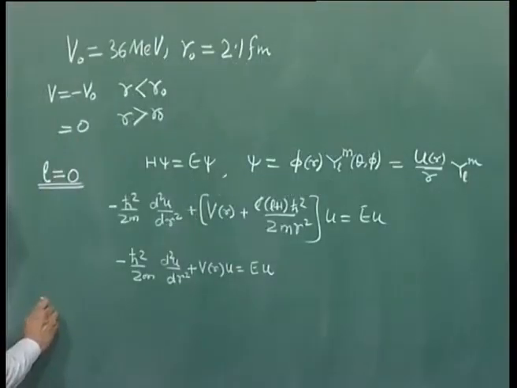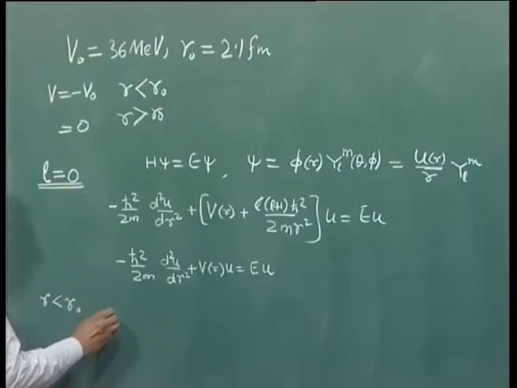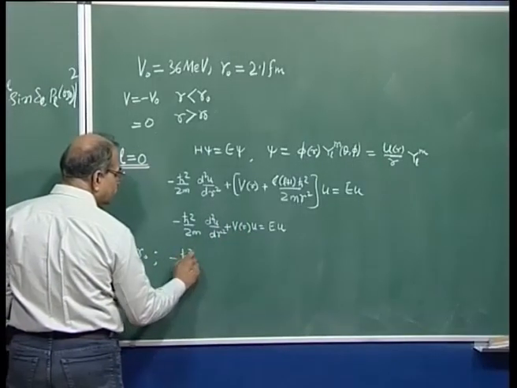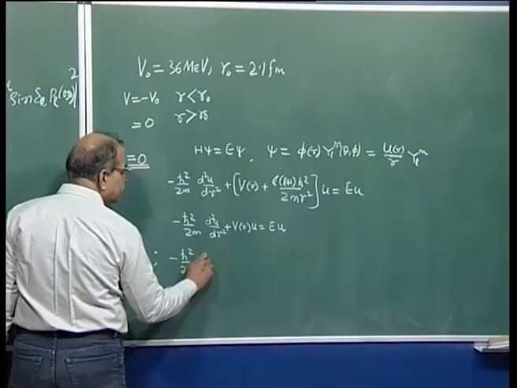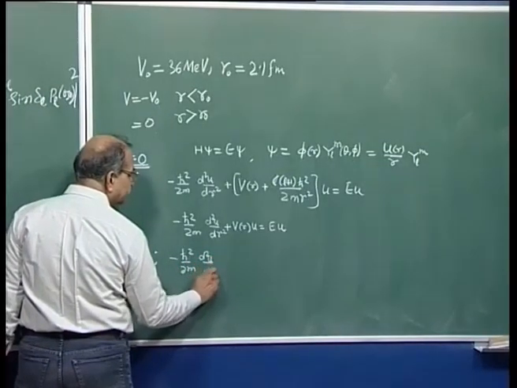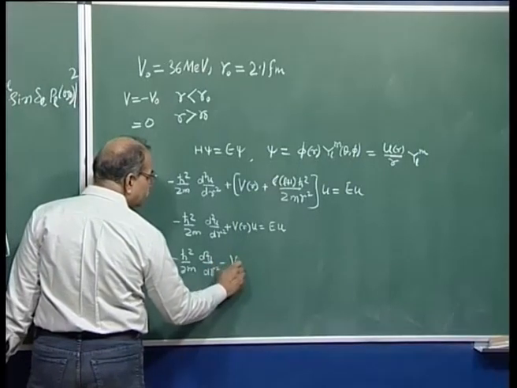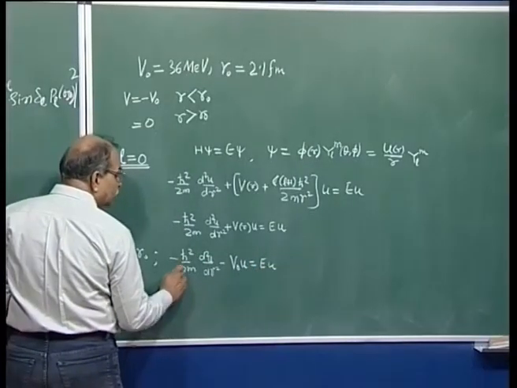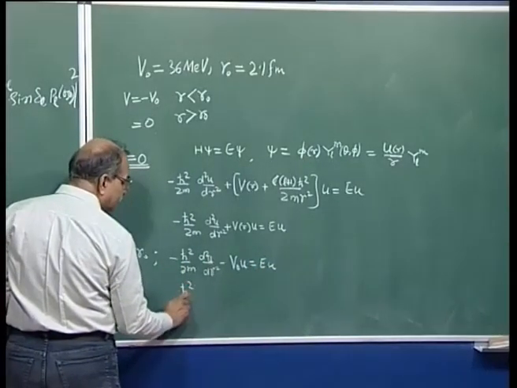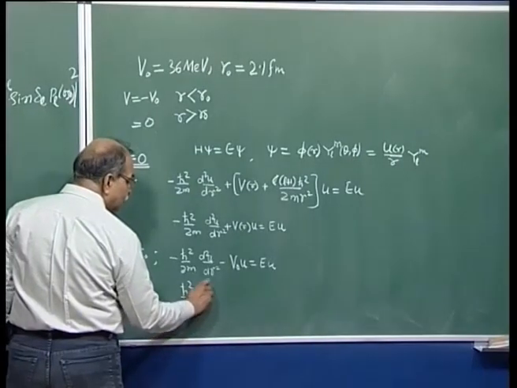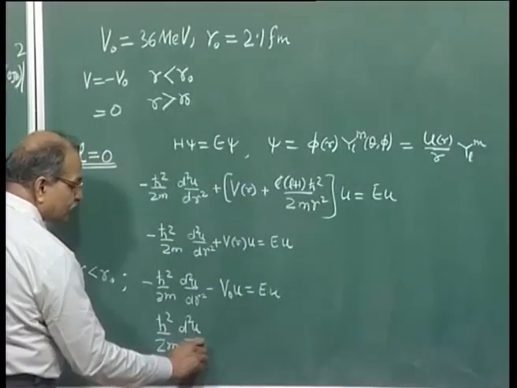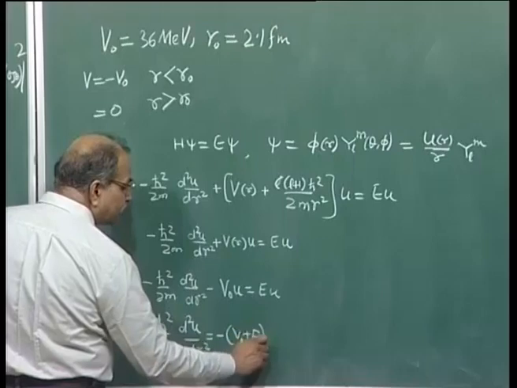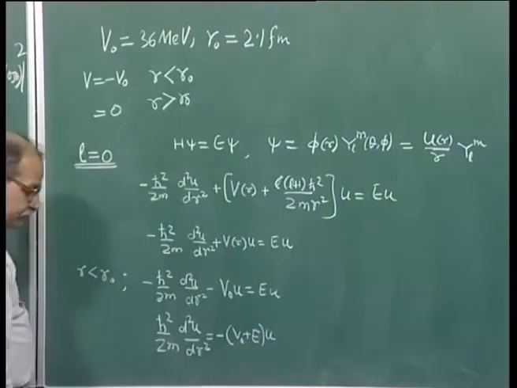So, there are two regions. For r less than r naught, V is equal to minus V naught. So, you have minus h cross square by 2m d2u dr square minus V naught u is equal to E u. So, h cross square by 2m d2u dr square is equal to minus V naught plus E times u, correct.